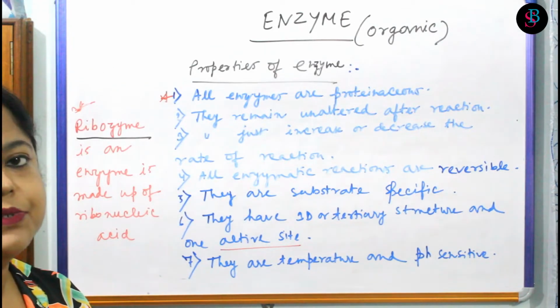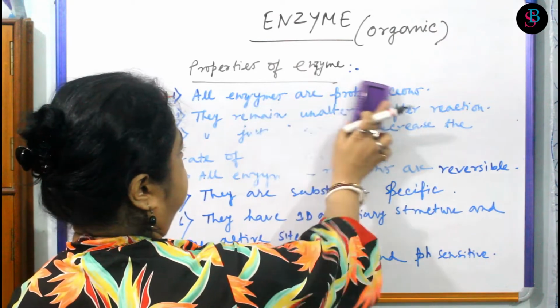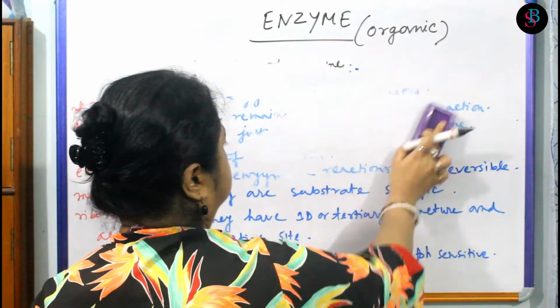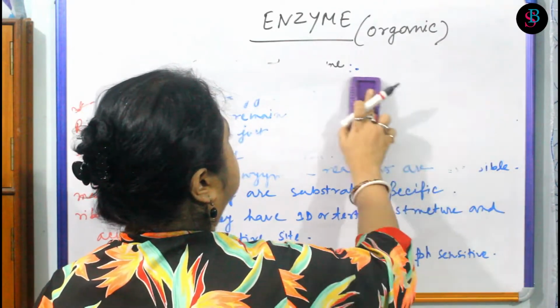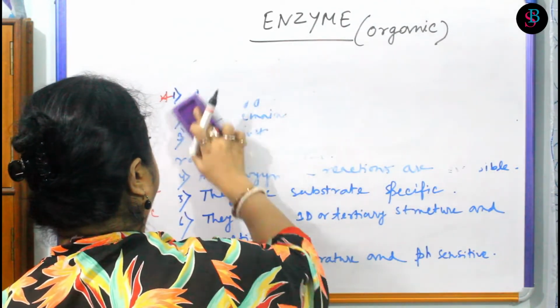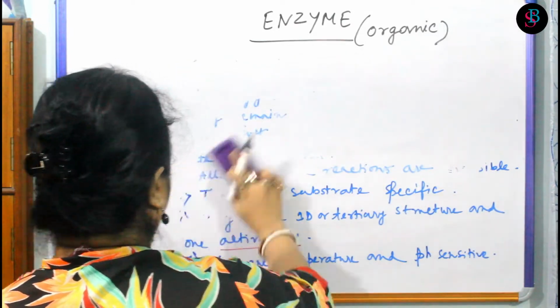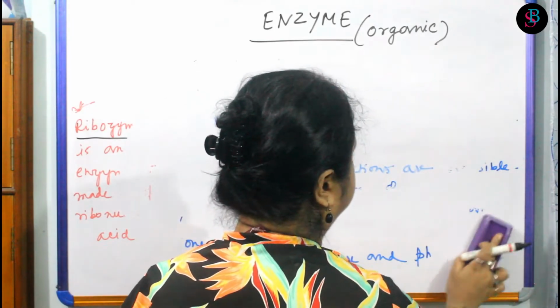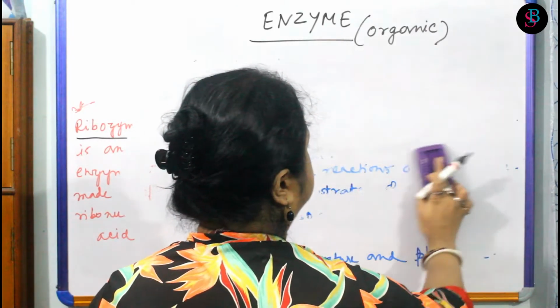And now I am starting another thing, the types of enzyme. Types of enzyme is not the classification. Classification is a different part, okay? Don't intermingle these two things.